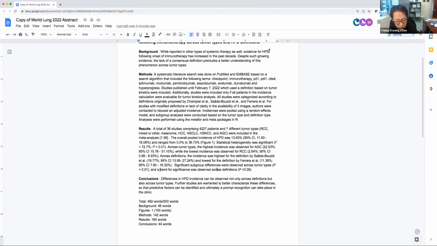So there's a trend that can be observed not only across definitions, but also across tumor types. Further studies will work to better identify predictive factors, and ultimately prompt recognition can take place in the clinic.